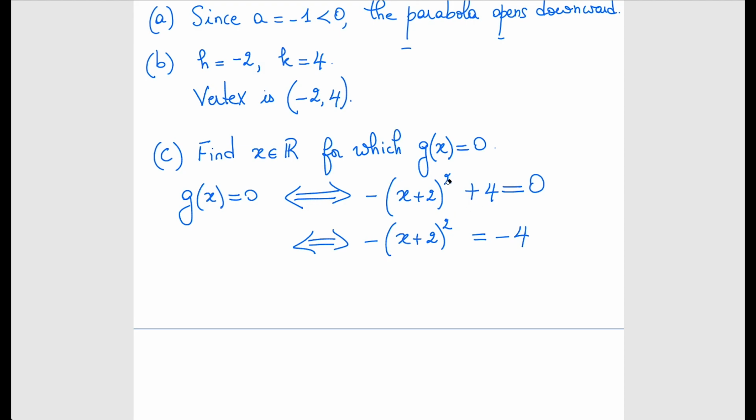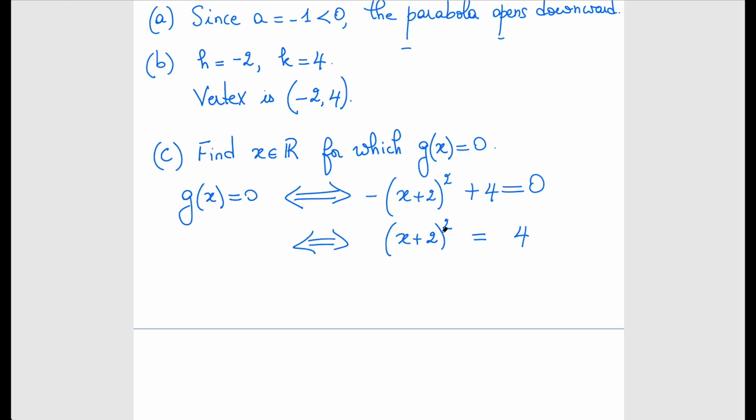You can move this term to the other side, and it becomes a plus, that term squared, equal to 4. Alternatively, you can take the 4 to the other side, so it becomes -4, and then multiply both sides by -1. That minus and this minus cancel each other, so you simply get this, right?